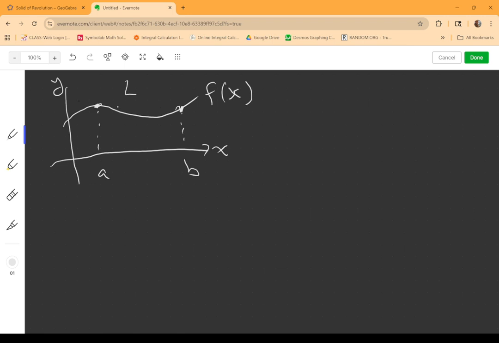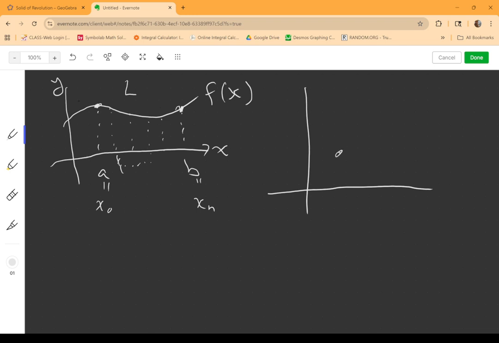So the goal here is, what if I partition the interval across, have this one be my initial x0, x1, etc., where b is my xn, however long my partition is. And I want to focus in on one of these intervals, just a general interval.